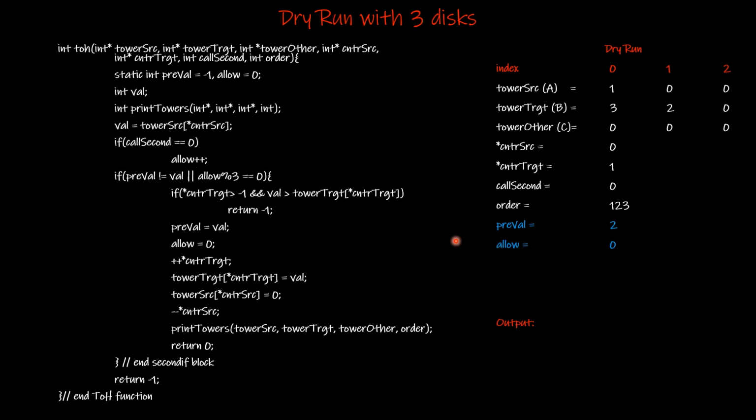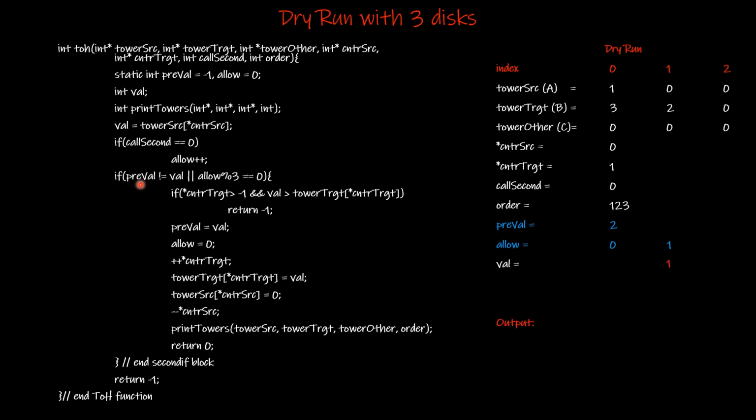The val variable is created, a pointer is declared, and val is assigned the value of the source tower at counter source, and therefore val is going to have value 1. If condition allow call is equal to 0, therefore allow is incremented by 1.